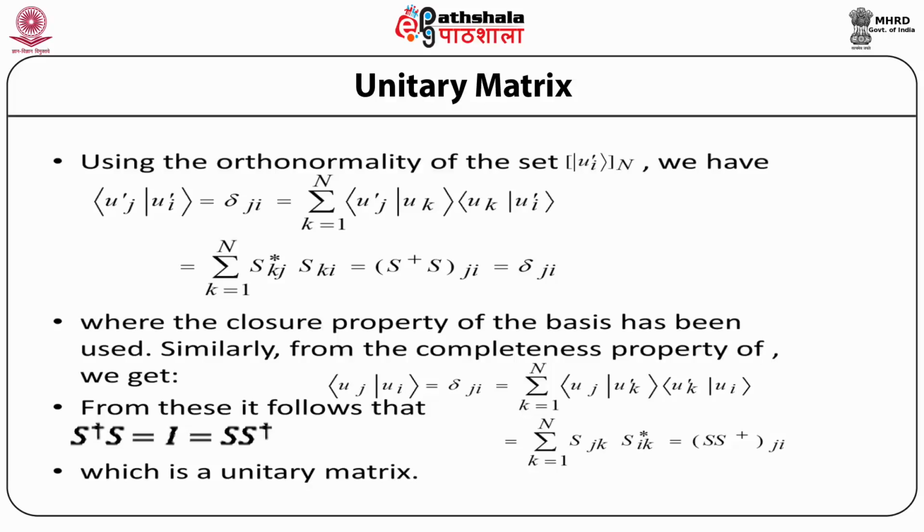So in case I is the unitary matrix, then S and S dagger represent the matrices of the expansion coefficients, where S dagger is the adjoint of the matrix of the expansion coefficient S.